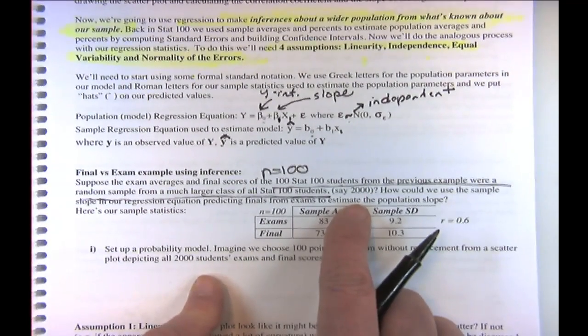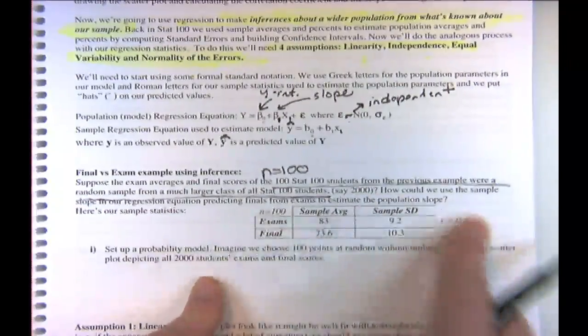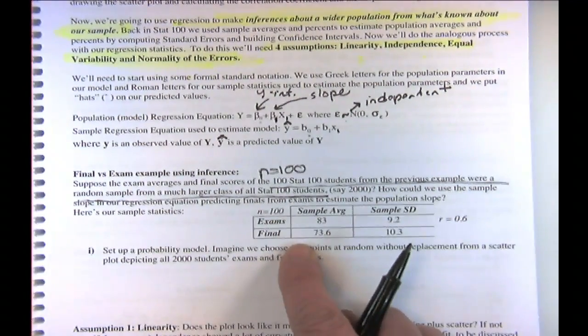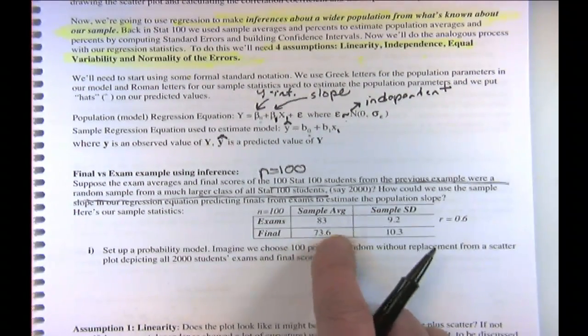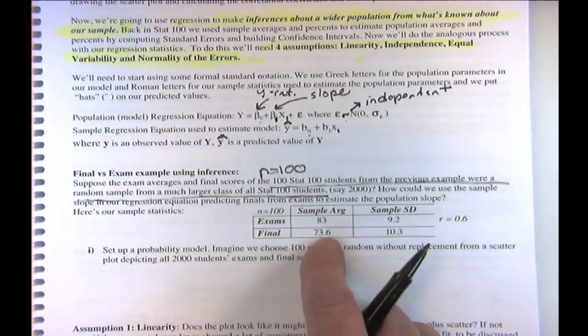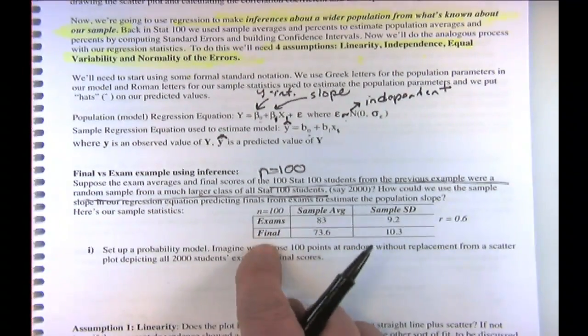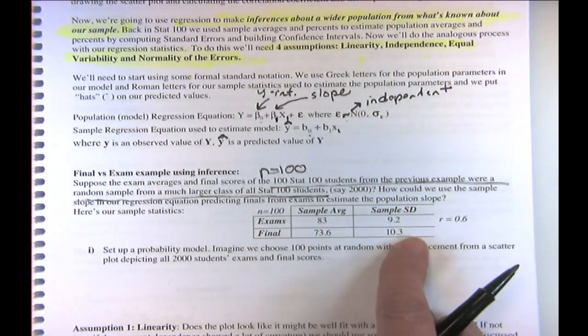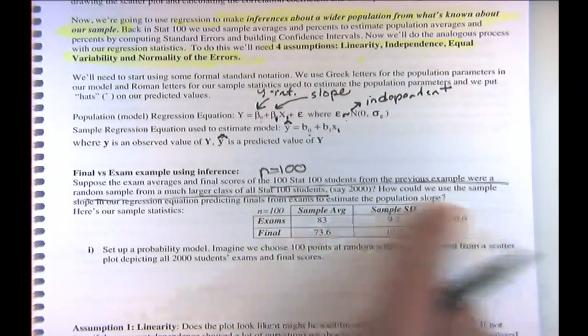And now we want to use these 5 summary statistics, which we can calculate because we have the 100 data points. We have the 100 people, each with their exam average and their final. We have those 100 points, and we can calculate the sample average for the exams and the final, the sample standard deviations, and the correlation coefficient.